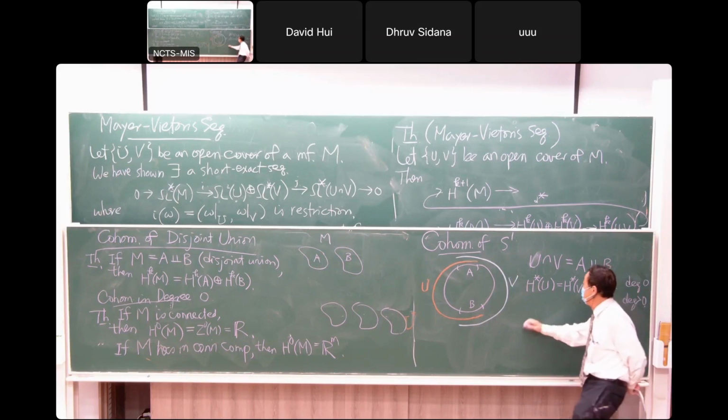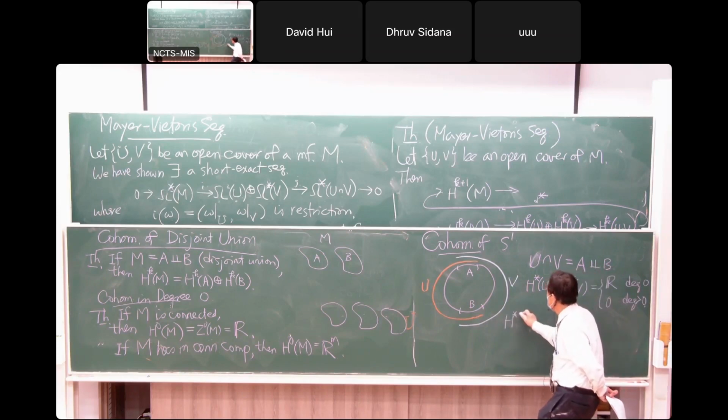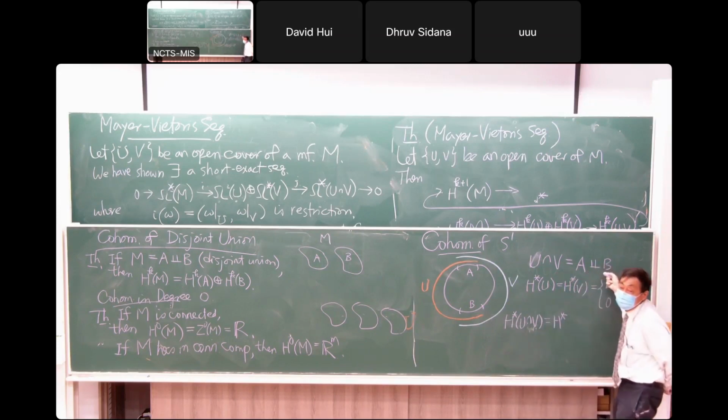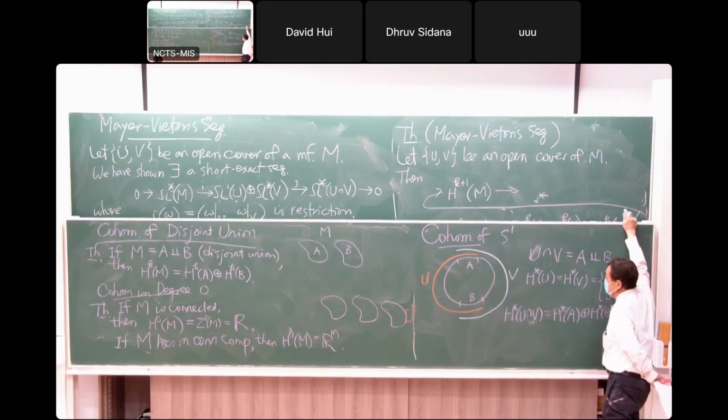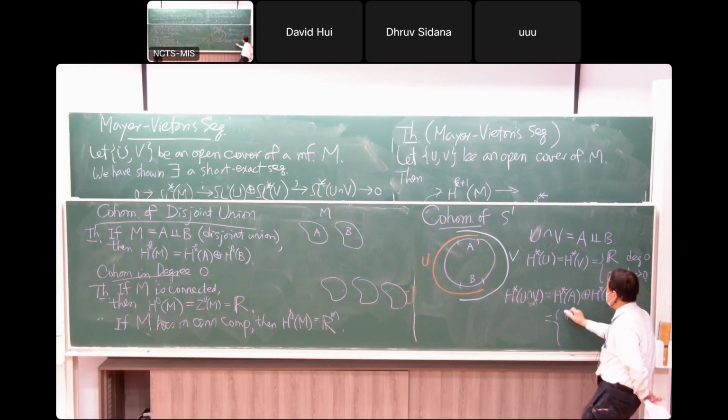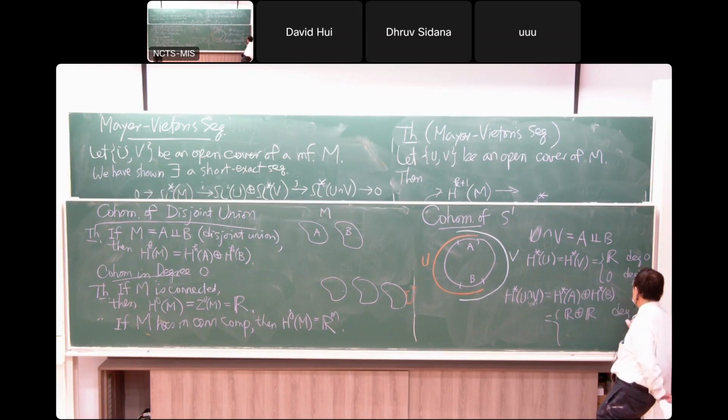But the cohomology of the intersection is the disjoint union of A and B, so the cohomology is going to be the direct sum of the cohomology of A and B. So it is going to be R plus R in degree 0 and 0 in degree 1. Okay?